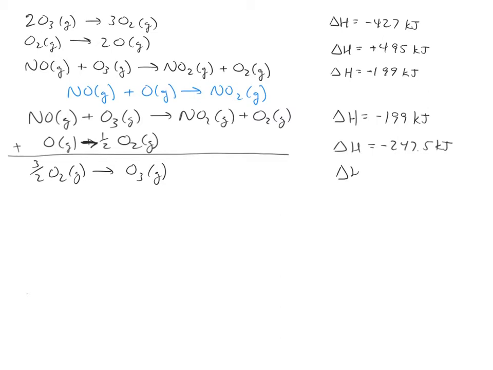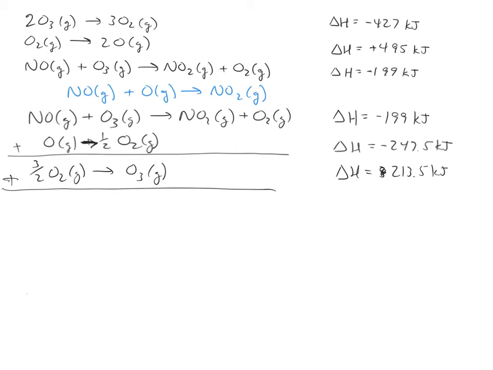So I flipped that first one, so it was negative 472 kilojoules. I flipped it, so now it's positive 472 kilojoules, and I divide it by 2, and I end up with 213.5 kilojoules.